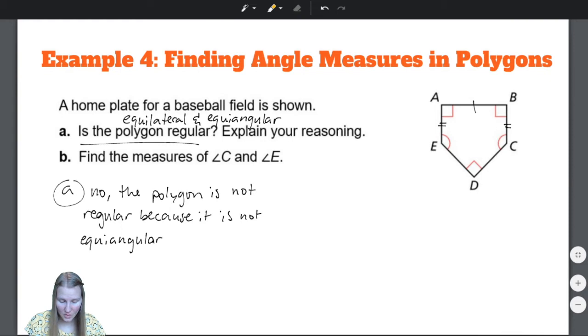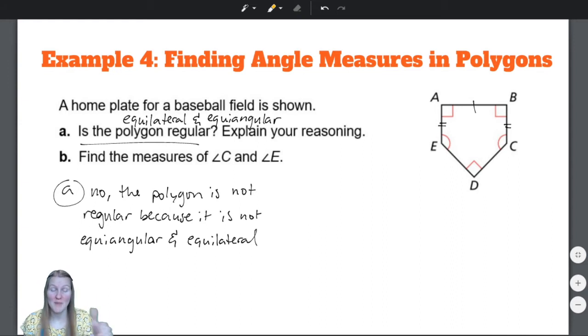Now we could say with a pretty good amount of confidence that it is also not equilateral. So we could say it's not equiangular and it's not equilateral. We could say that. The equilateral is less obvious. So my main reason is that it's not equiangular, and also it doesn't look equilateral. Okay, wonderful. So that's part A.